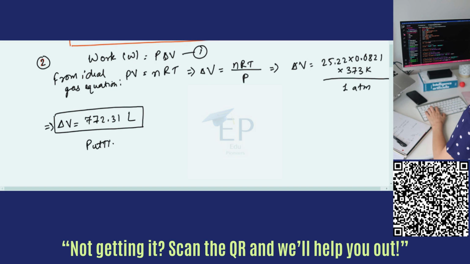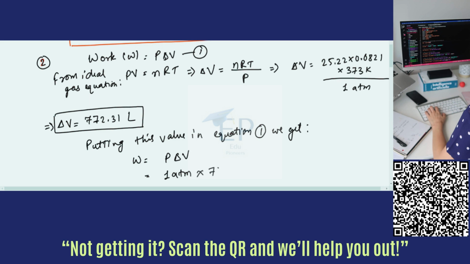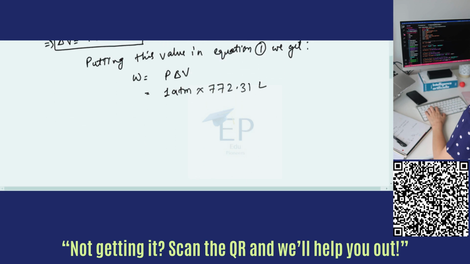Putting this value in equation 1, we get W equals P del V. So P is 1 atm and del V is 772.31. This is in liters. So this will give us 772.31.